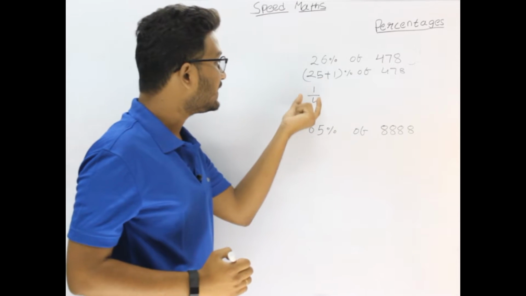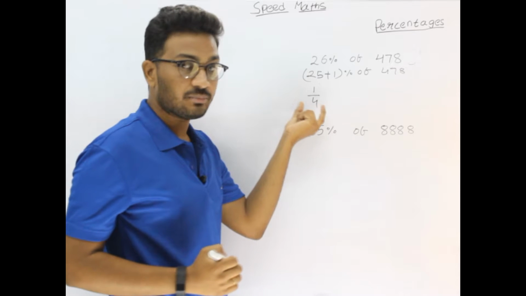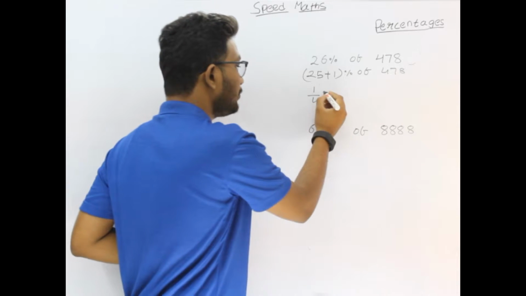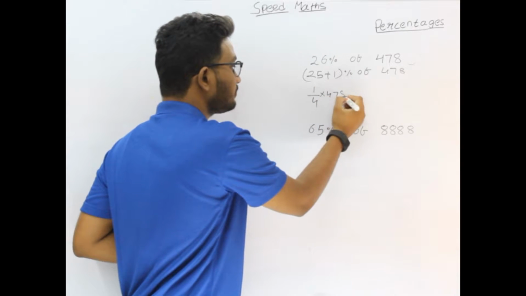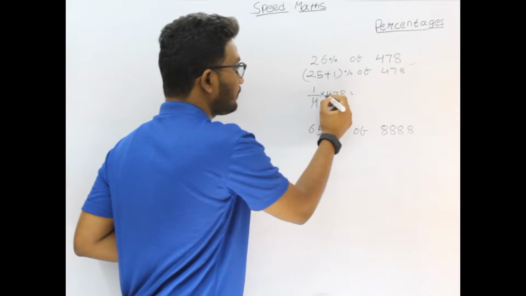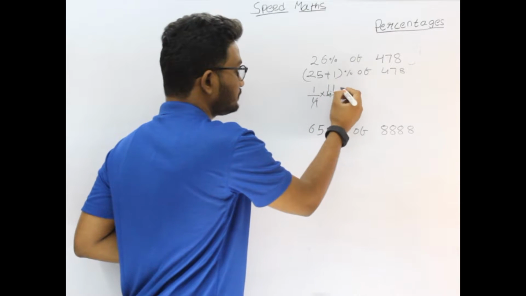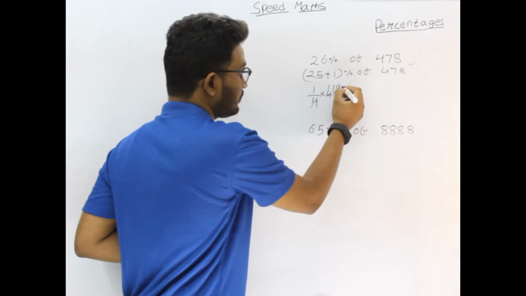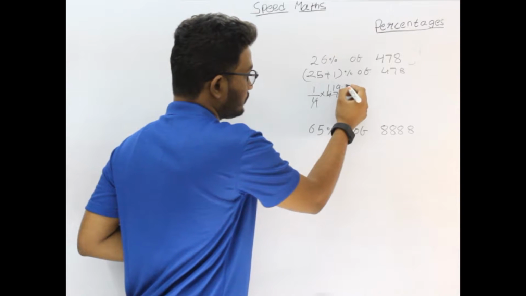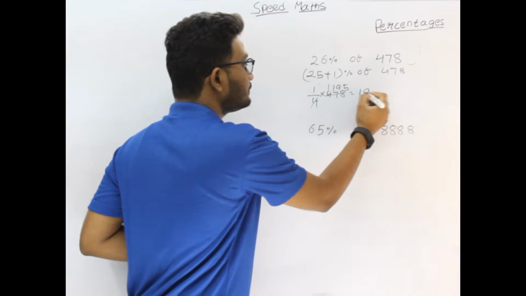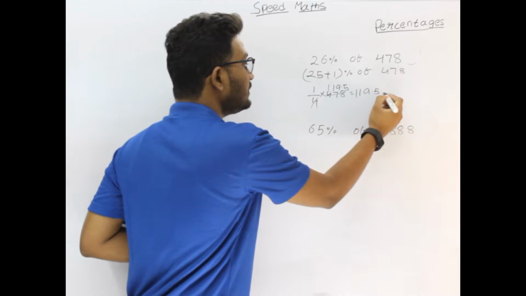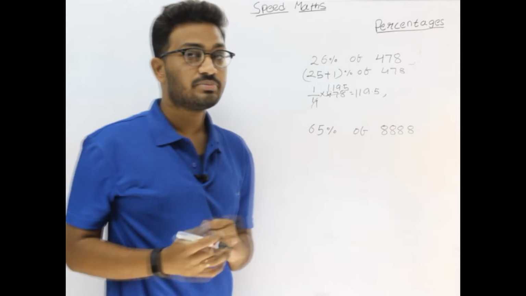So by multiplying 478 with 1 by 4, we get 25%, which is 119.5. Now what is 1%?